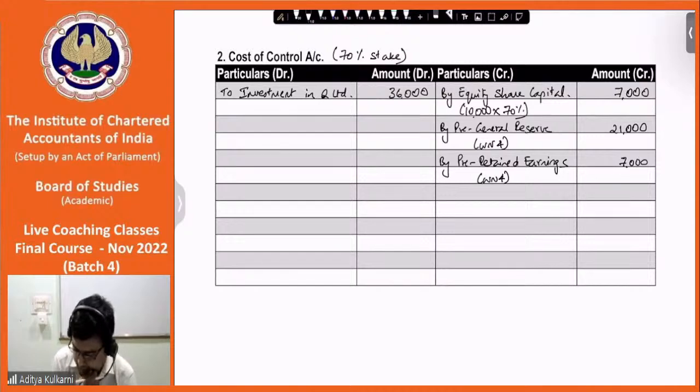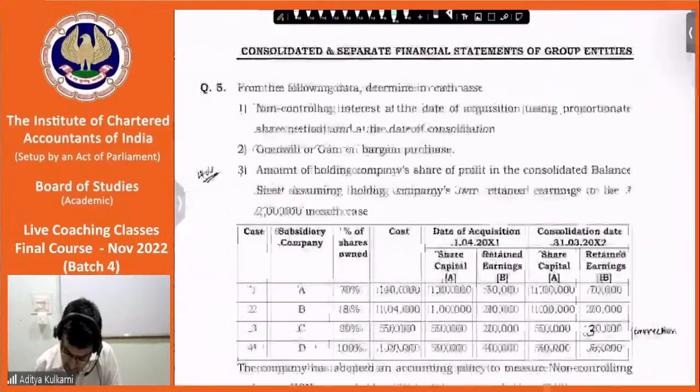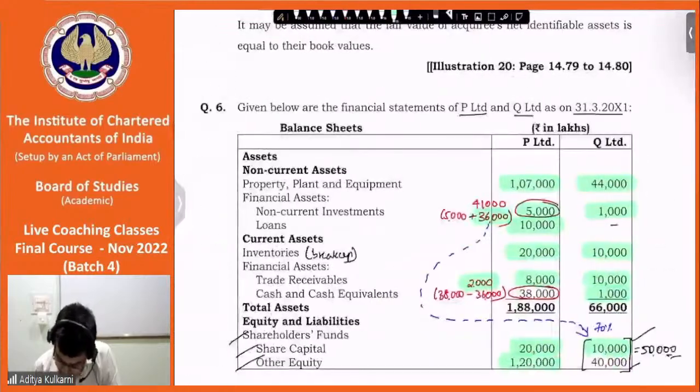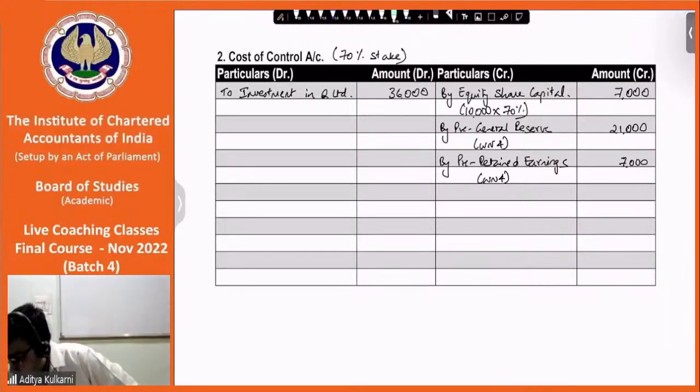Okay. So this part is also done. That means I have considered this also. So all items are done. Yes, one adjustment remains, that is intercompany loans. We will see that later on.